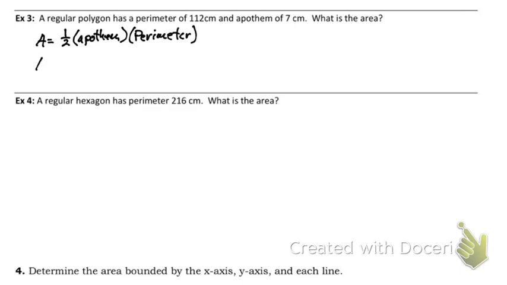So if I knew that formula on the test, I would just go, okay, 1/2 my apothem is 7. My perimeter is 112. And that's going to result in 392 centimeters squared.